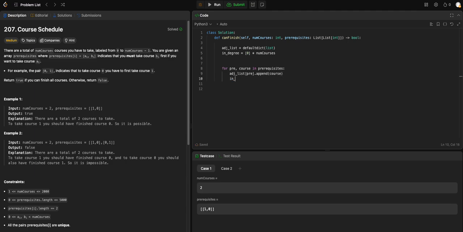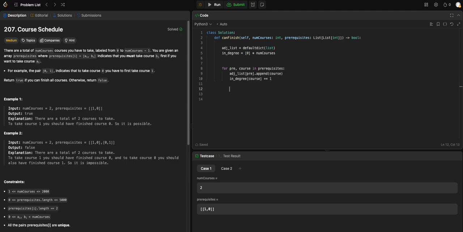In degree of course also plus equals 1. It means a course where I have to take a prerequisite first and then take our course, so the in degree will be increased by 1.